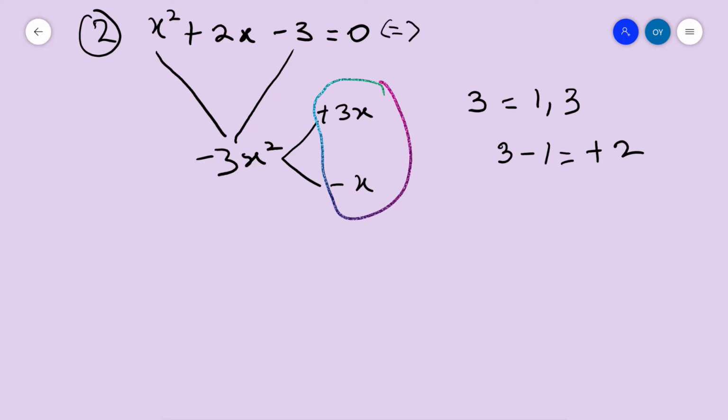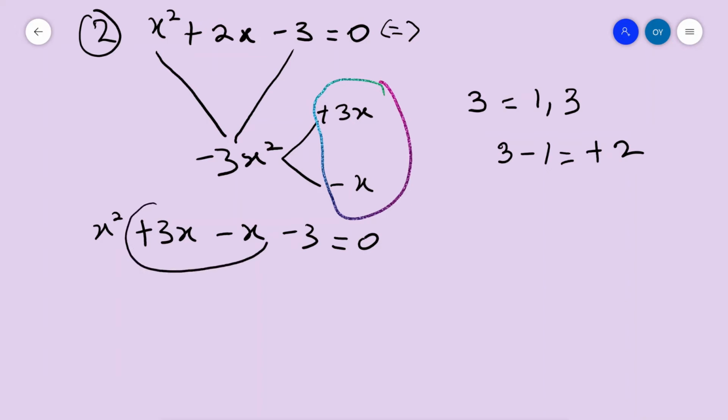So we have x squared plus 3x minus x minus 3 equals 0. So we see here that plus 3x minus x is the same as the initial plus 2x.